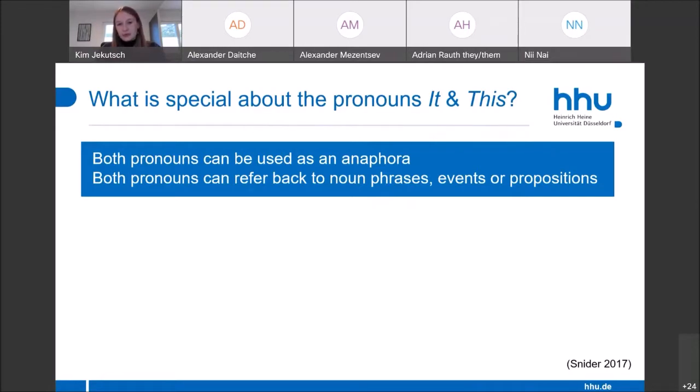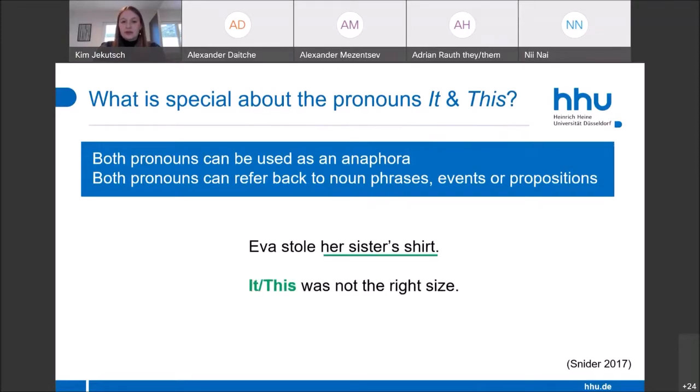Let me explain to you what that means with the help of one example. When we consider the declarative sentence, Eva stole her sister's shirt, it and this can either refer back to the noun phrase, her sister's shirt, as in the first sentence, it or this was not the right size, or it and this can refer to an entire proposition, which means the pronouns refer to the truth condition of the sentence, as illustrated in the second example.